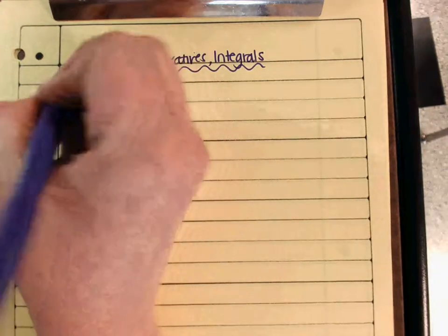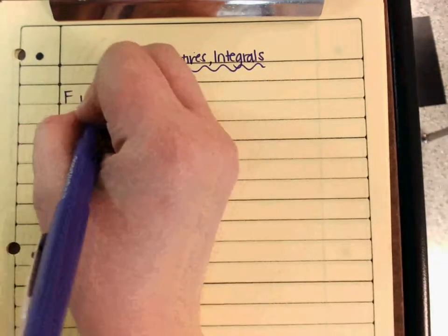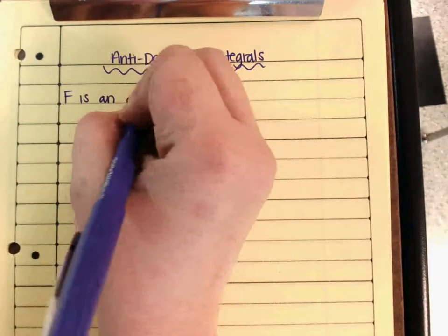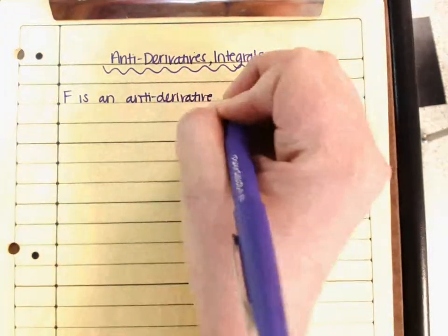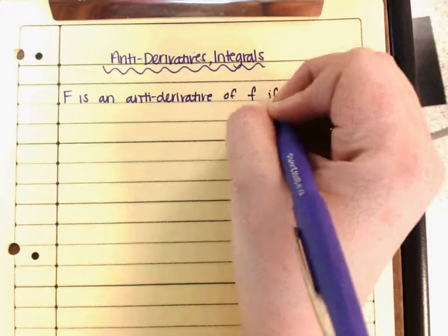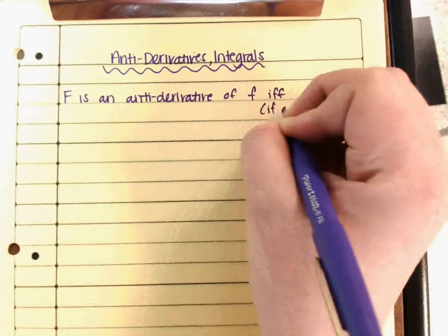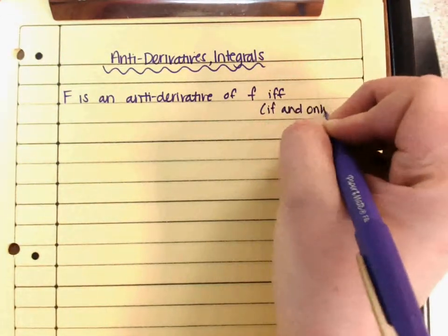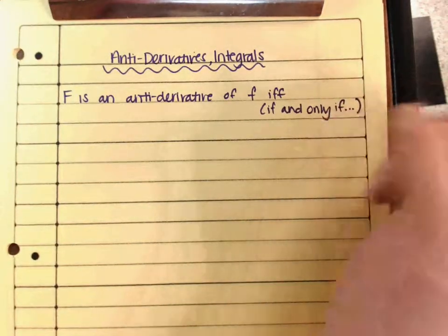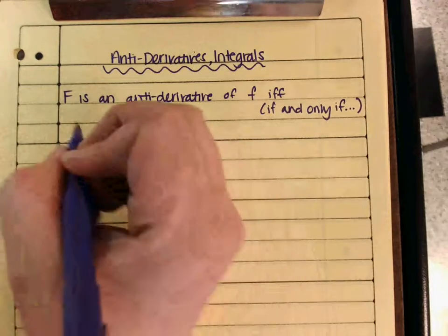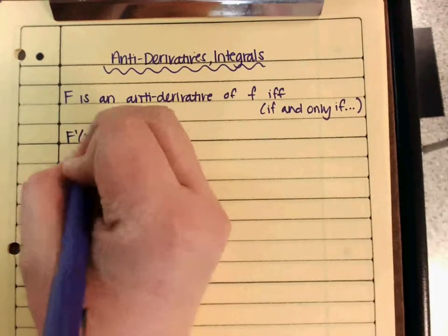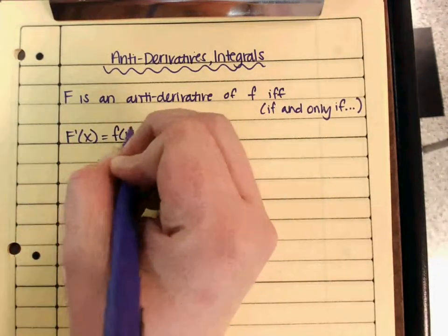Okay, so capital F is an antiderivative of little f if and only if, hopefully we remember that, if and only if. Okay, 2 things have to be true. If you have capital F and you take the derivative, you should get normal f.